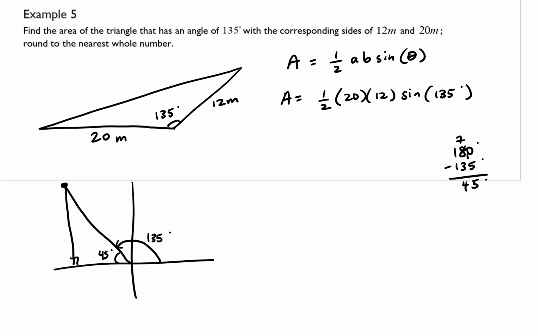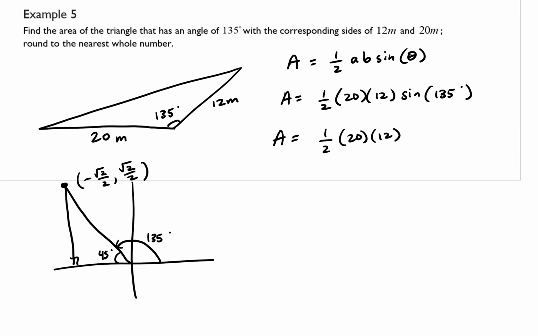So the coordinates for this point are going to be negative square root of 2 over 2, comma, square root of 2 over 2. And we know sine is the y value, so the area is equal to 1/2 times 20 times 12 times the square root of 2 over 2.